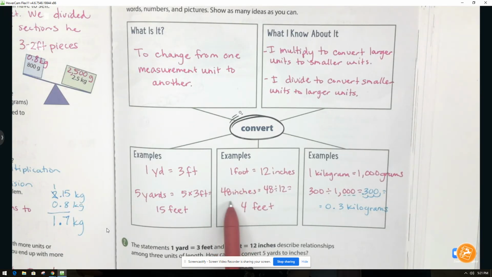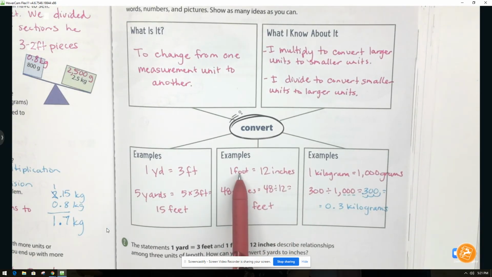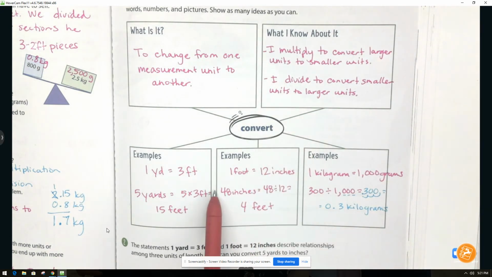If I started with 48 inches and I wanted to convert to feet, since I'm going from a smaller unit to a larger unit, I need to divide. 48 inches equals 48 divided by 12, which equals 4 feet.